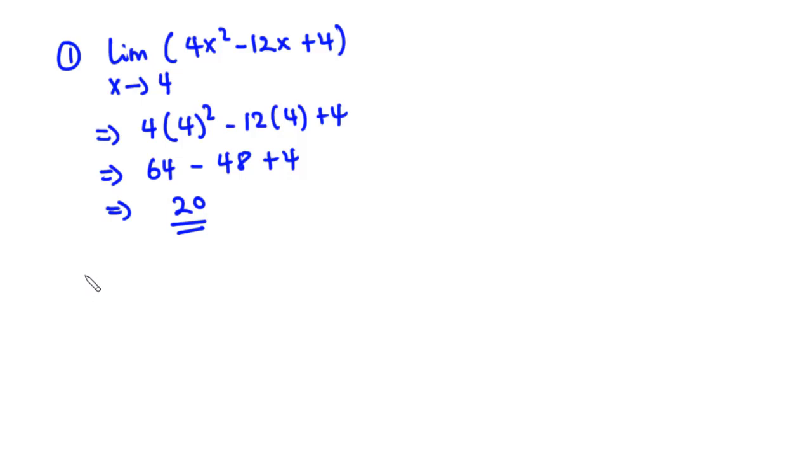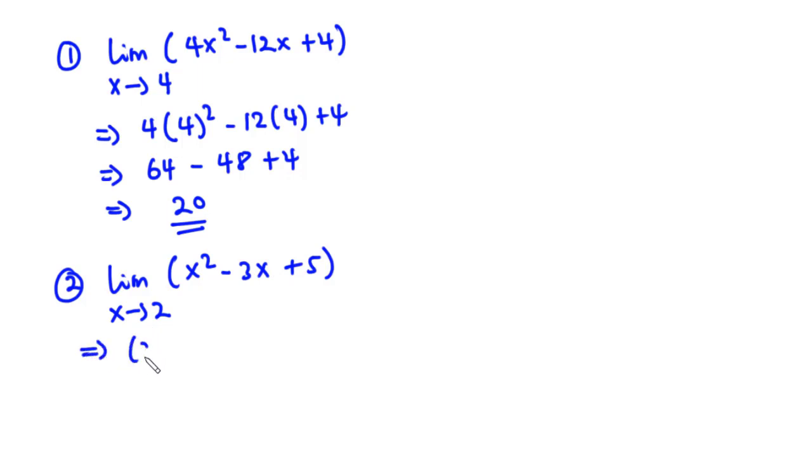So we have our limiting value to be 20. Let's solve our second example. Let's find the limit of the function x squared minus 3x plus 5 as x approaches 2. So like we did for example 1, we are going to substitute the value of 2 into this function.